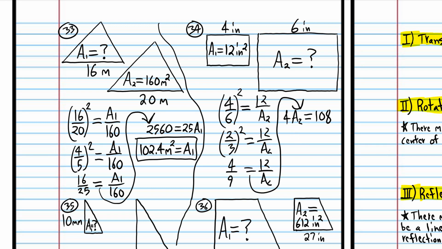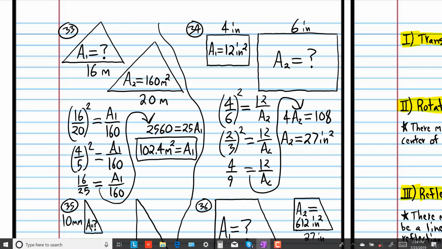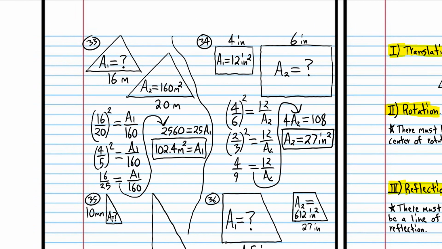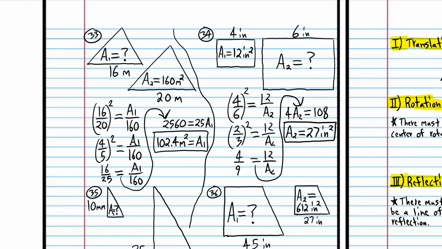So the second area is 27 square inches. If you didn't put square inches, be sure to do that. Remember, if you're doing a word problem or any kind of problem that has units, your answer needs to have units. All right, so if you got 27 square inches, good job.